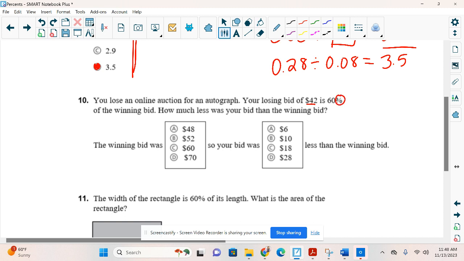I see a percent sign. That's going to make a light bulb go off in my head, and what am I going to do? I'm going to put it in a percent box. Or you can do is and of.